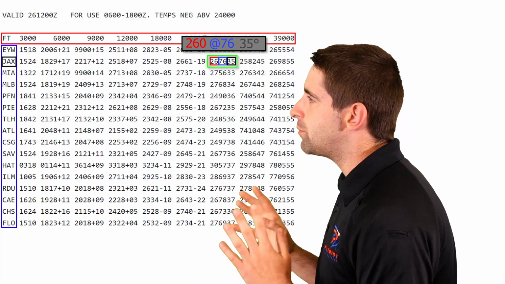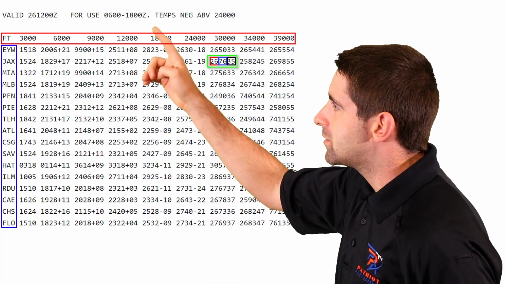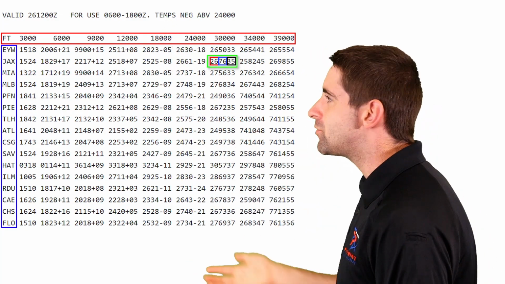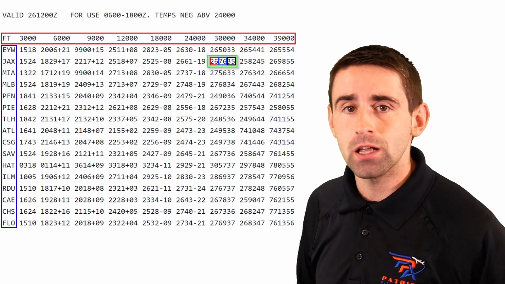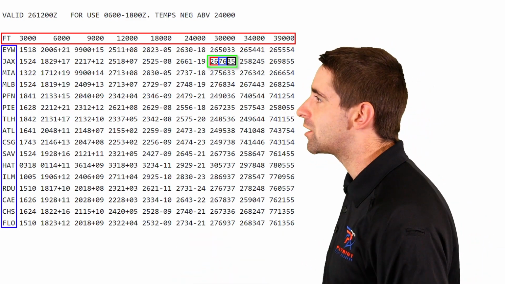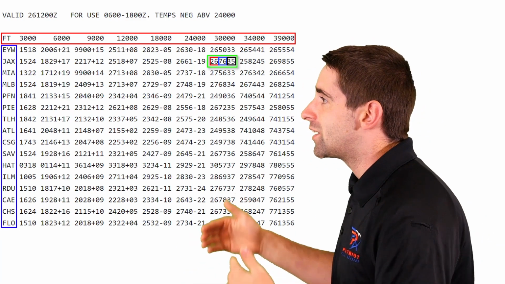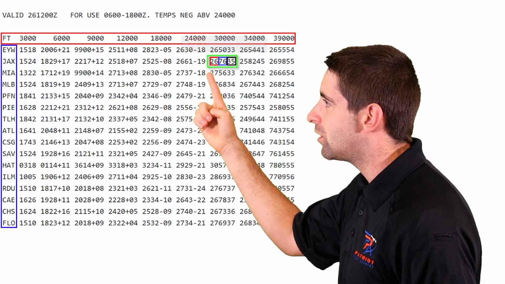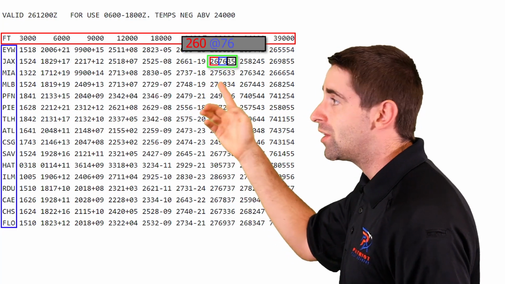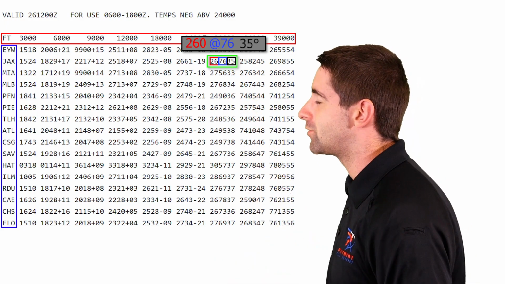You see, there's one thing we got to take notice to, and it says up here that temperatures are negative above 24,000 feet. And we're at 30,000 feet, so they don't put a plus or a minus sign because it's always going to be negative. So you would say that the temperature is minus 35. So again, 260 at 76 knots, temperature minus 35 degrees.